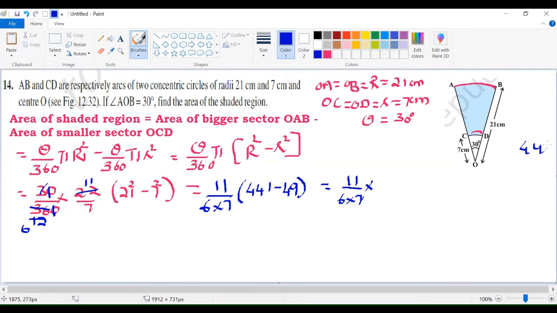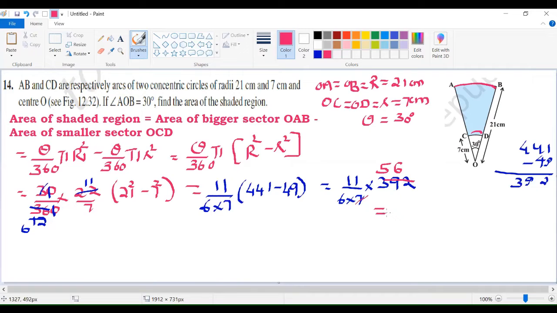What is the difference? 441 minus 49 is 392. And 392 is not divisible by 3, but divisible by 7. So 56. So which is equal to 56 into 11.